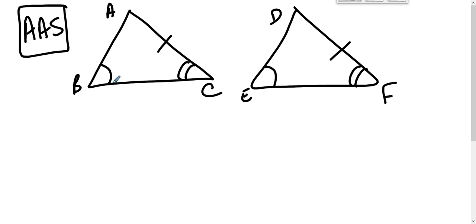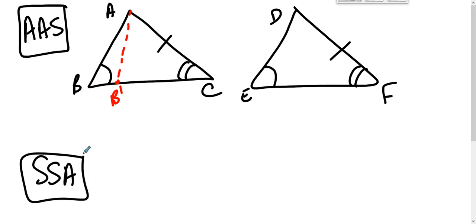We pick a point on segment BC such that we get a contradiction, and that's fine, and I'll set that up in the example video. You should know that angle angle side is a congruence theorem.